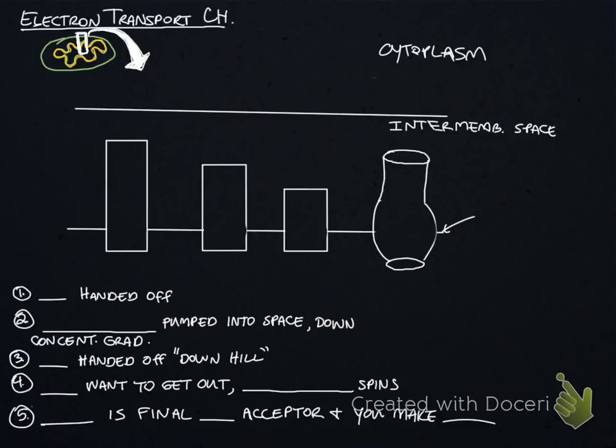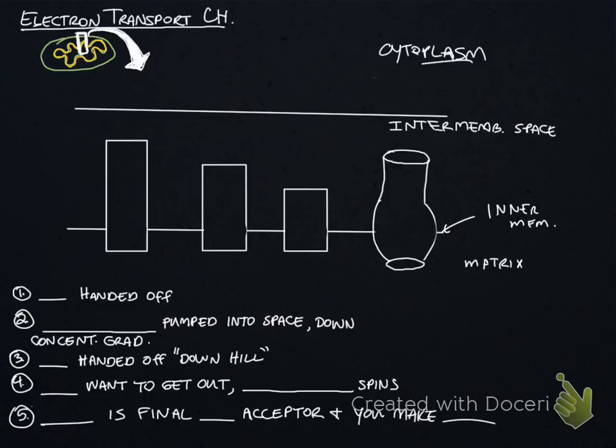So this happens along the inner membrane. This is the matrix of the mitochondria. And this is the cytoplasm of the cell.